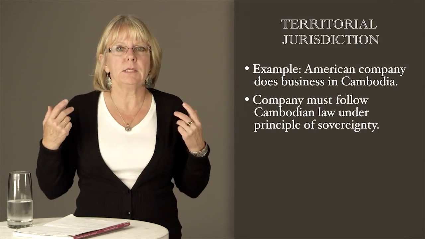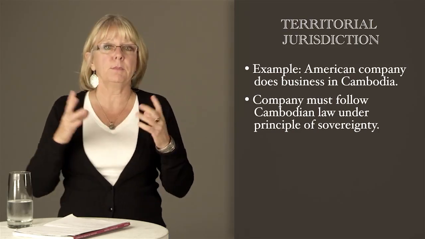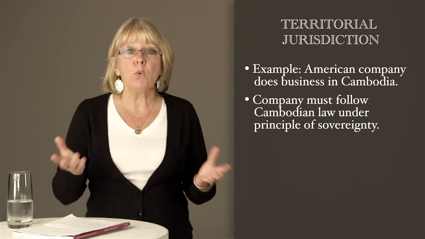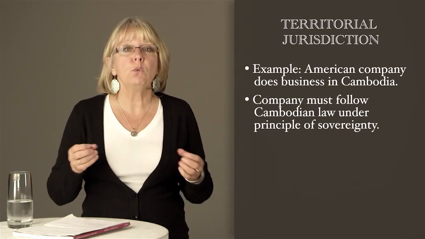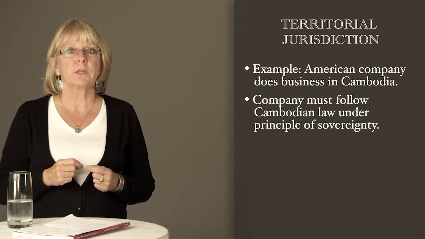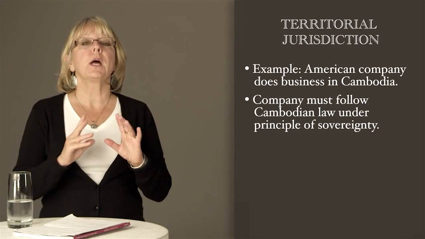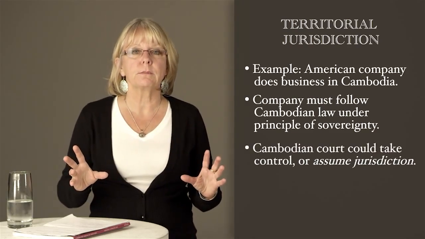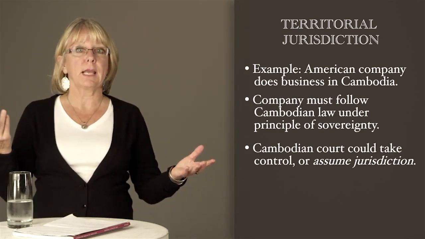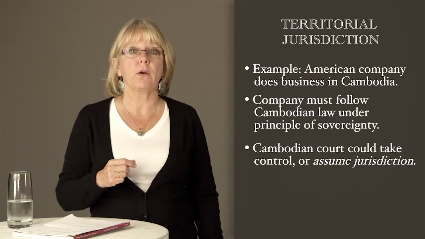Now, let's say the company commits a crime of some kind. A Cambodian court would be within its rights to take control of a case. In other words, it would assume jurisdiction. This makes sense because the company is doing business in Cambodia and is actually present there.